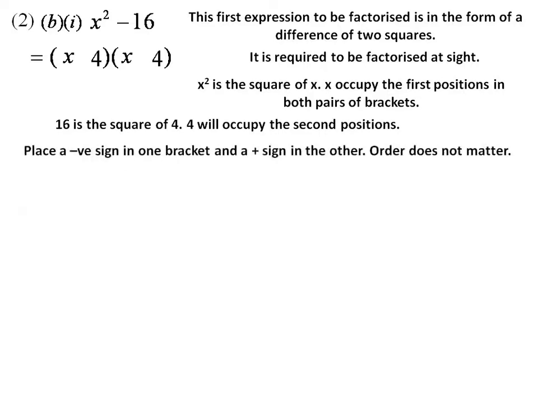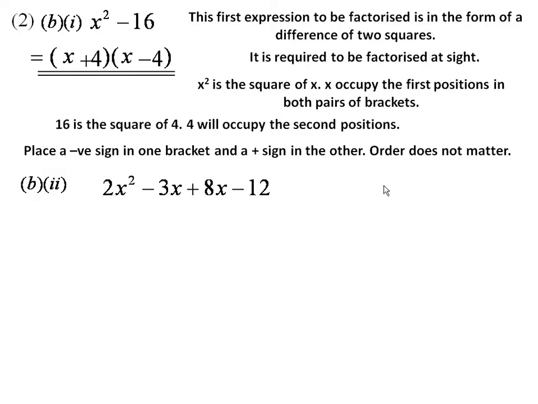And in the end, we will place a negative sign in one bracket and a positive sign in the other. And the order does not matter. That is, if we put plus here and negative here, or put negative here and plus there, then it will not matter, as long as the two signs are not the same. And that is our answer.